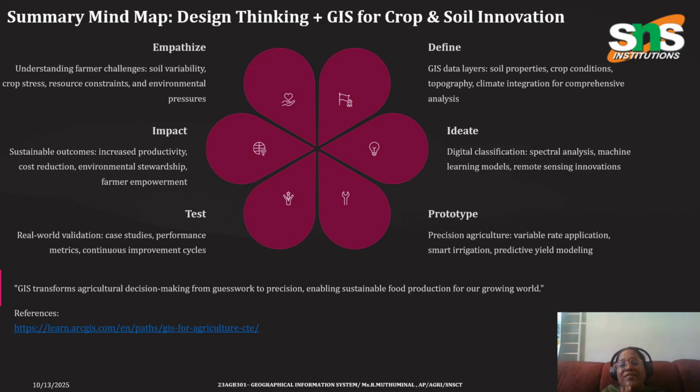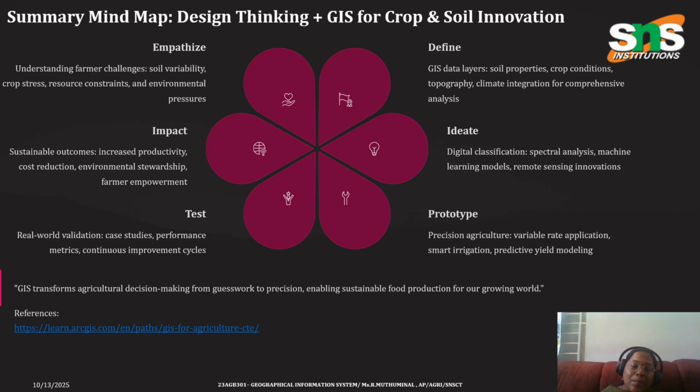So at last, what we have seen today is, under empathize we identified the farmers' challenges, and after analyzing them, we defined the problem that soil properties and crop conditions play a major role, so that we could use GIS data layers for these problems, and provide an idea, under which digital classification like spectral analysis and machine learning models could be used.